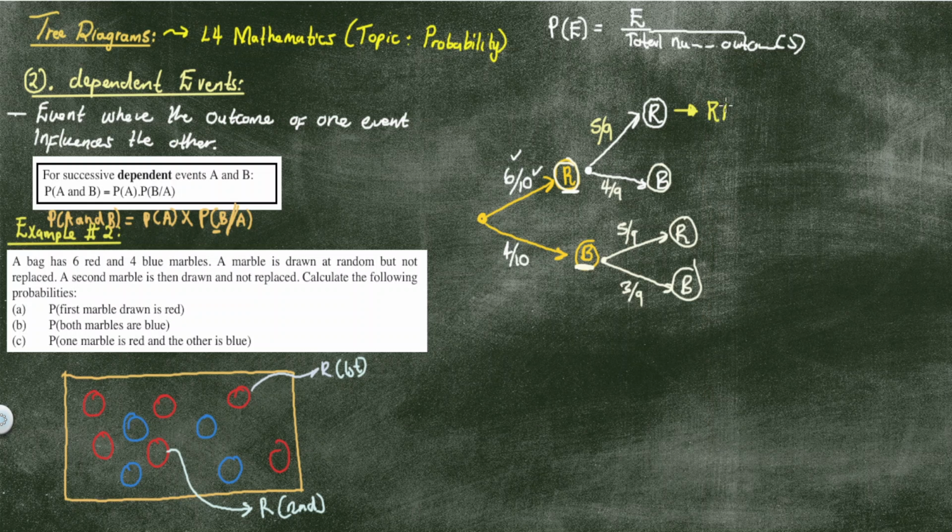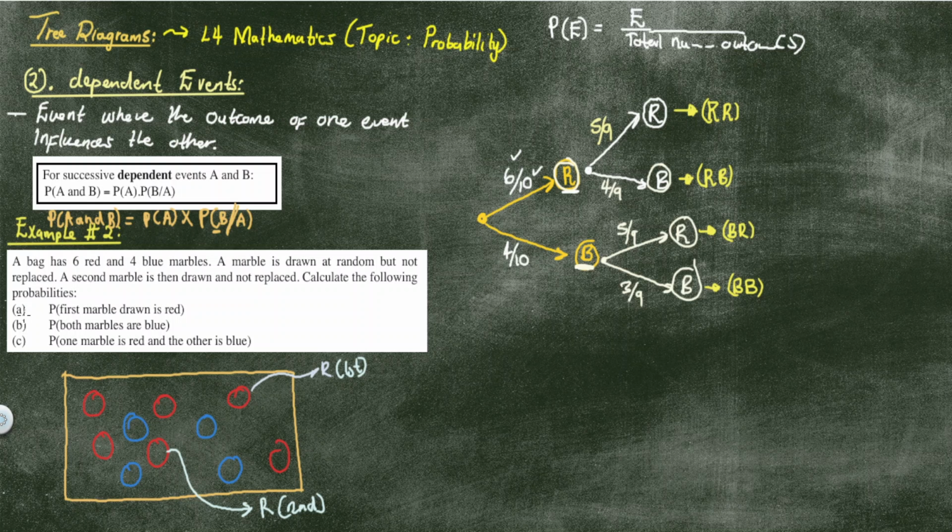Red first, red second. What about this branch? Red first, blue second. What about this one? Blue first, red second. What about this one? Blue first, blue second.